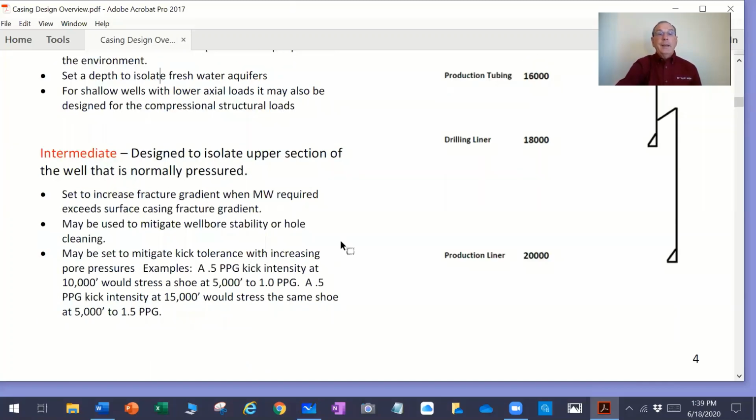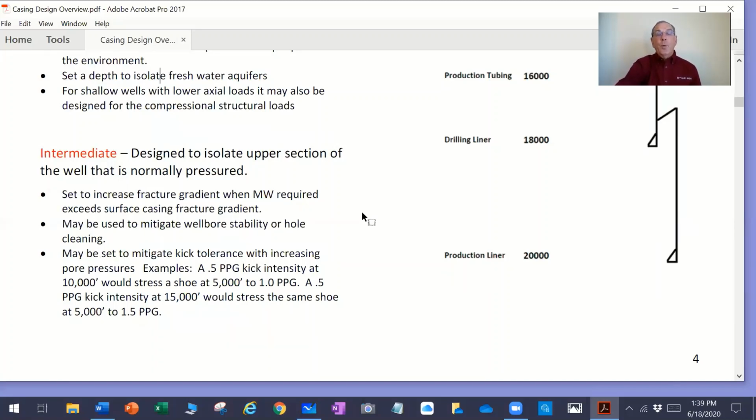Now, an intermediate casing string is designed to isolate the upper section of the well that is normally pressured. And we'll talk a little bit more about this as we go along. So the upper part of the well may be pressured. When we say normally pressured, it's probably a pressure that's fairly close to 9 pounds per gallon equivalent mud weight.